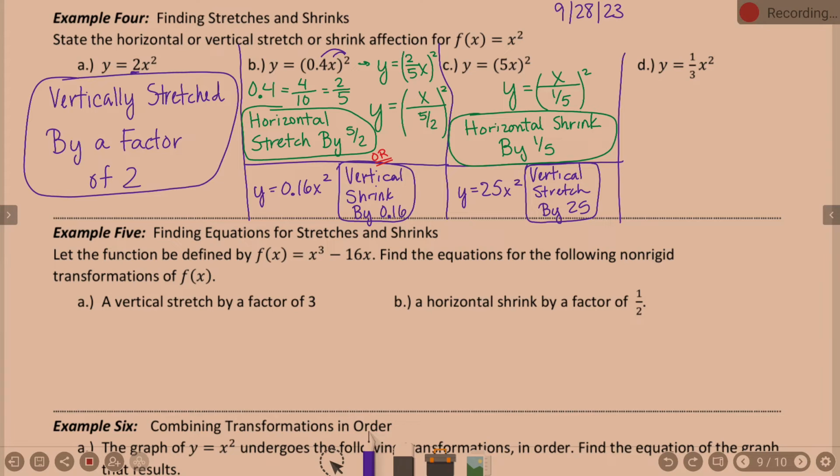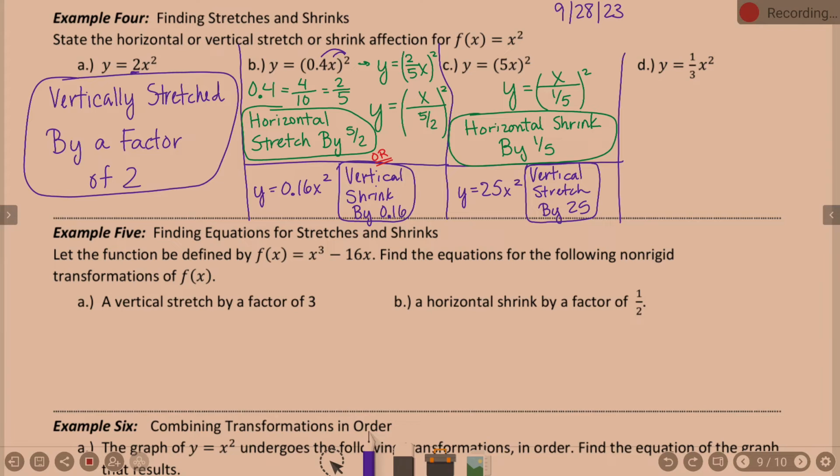Okay, D. What am I looking for on D, you think? Y equals 1/3 x squared. There's no parentheses. Go straight for it, plain and simple. Horizontal stretch. Or do I have to flip it the other way? I'll just go vertical stretch. There would be some kind of horizontal stretch there, but by what factor would be harder to find.